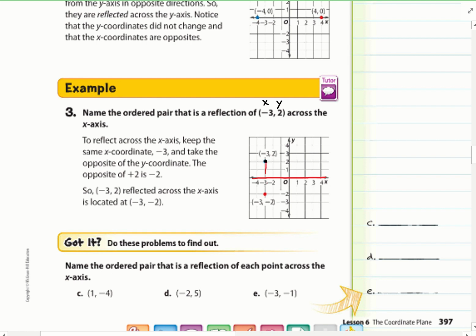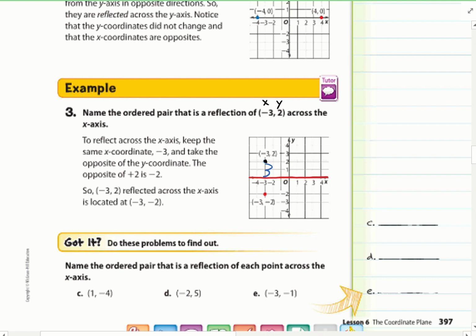So 1, 2. Let me see if I can get a better visual. Let me do a different color. So 1, 2. Now I'm back on my x-axis. So go 1, 2 more to get a reflection. It has to be an equal bounce. So it's just like reflecting across a mirror. So my new point is going to be -3, -2.